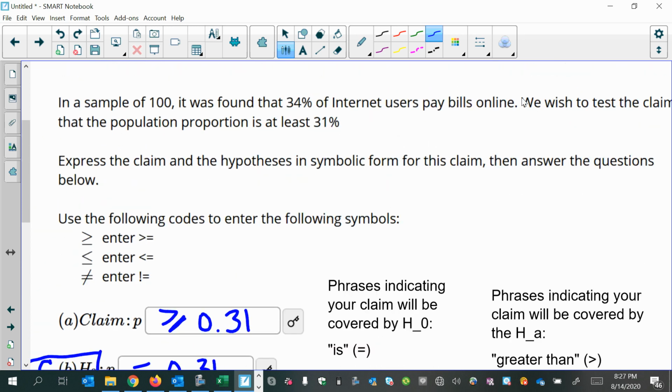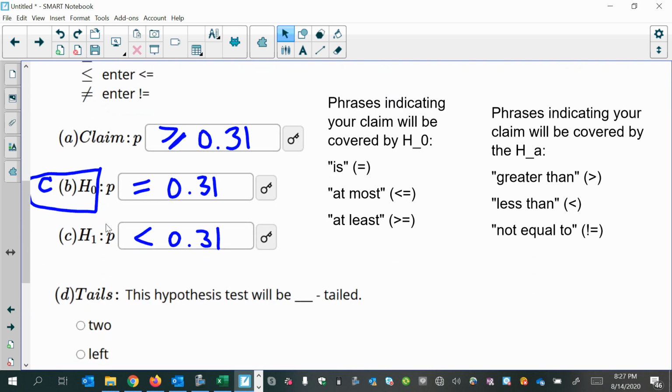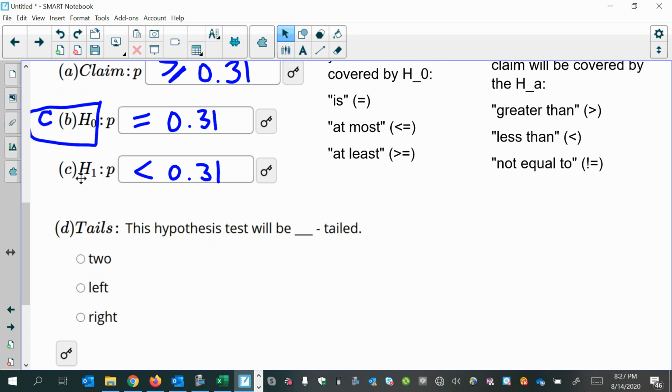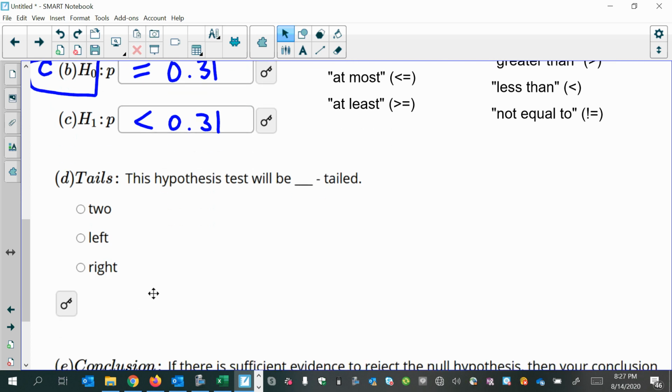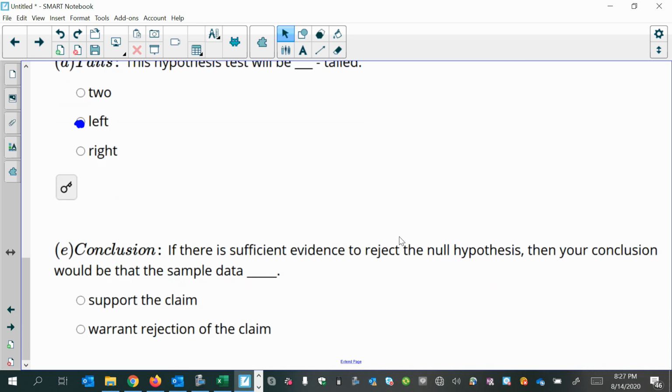So you always look for that sentence that tells you what you're testing for. So we wish to test the claim that the population proportion is at least 31%. That's why it became our null hypothesis, and our alternative is the complement of the claim. So that makes this a left-tailed test, and if we reject the null hypothesis, that would warrant rejection of the claim.